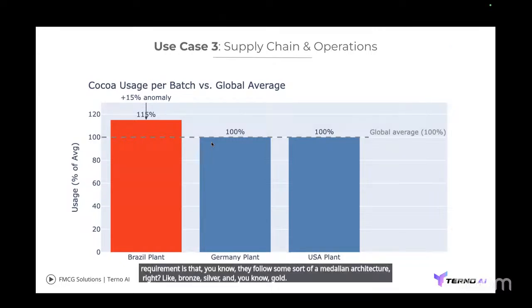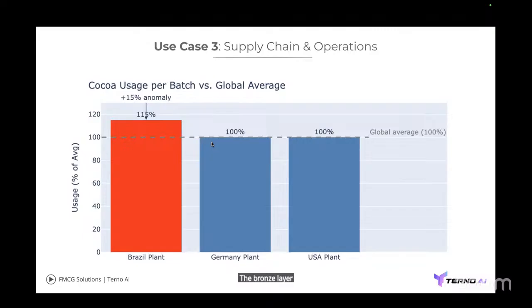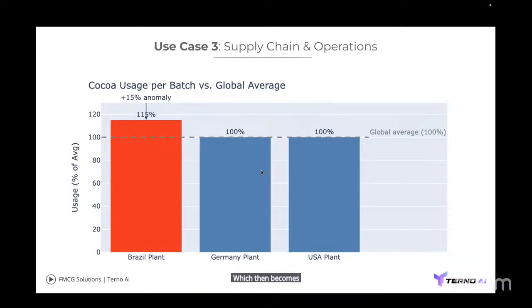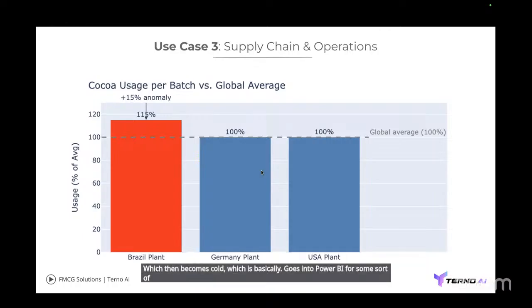The bronze layer is basically the raw layer, and then you do some data cleaning, which falls under silver, and then some aggregation, which becomes gold, which goes into Power BI for some sort of reporting or presentation.